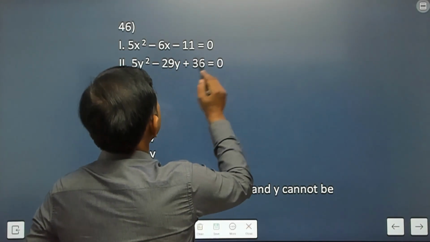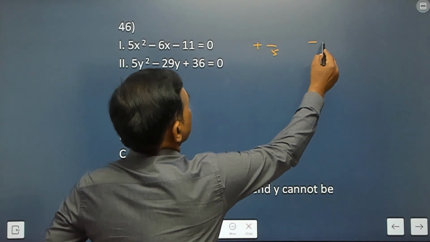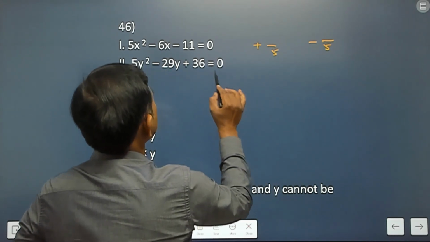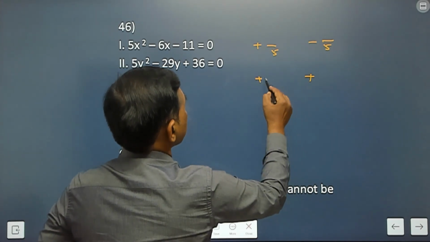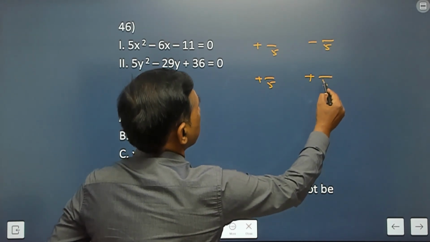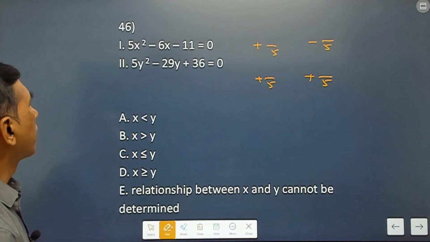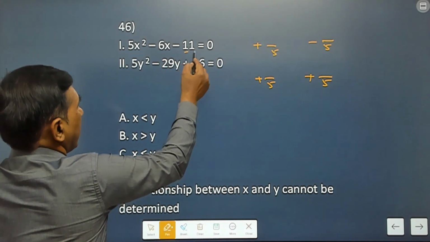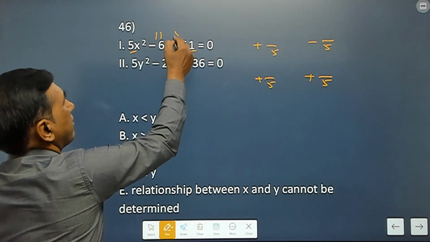So we will simply say plus minus divide by 5, divide by 5. Here also this will be both divide by 5. Since 11 is prime, 5 is also prime, it has to be 11 and 5 only.